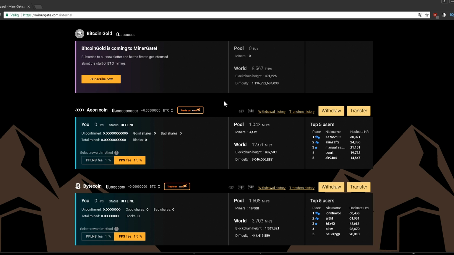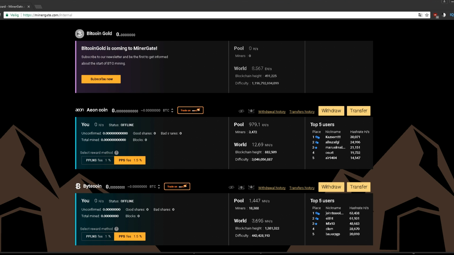Another example is there's a problem with the pool or Minergate itself, and you're just churning out these bad shares instead of good shares. If that happens, you know that something is wrong either on the Minergate side, or perhaps you have to reboot your computer, restart the client, just reset something so you can mine those good shares again.